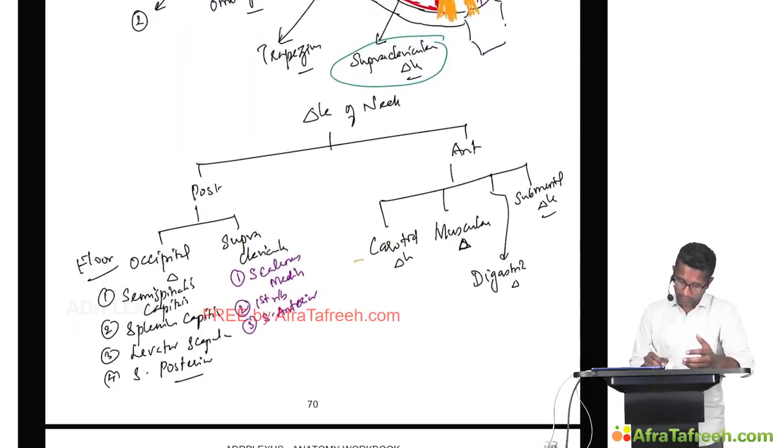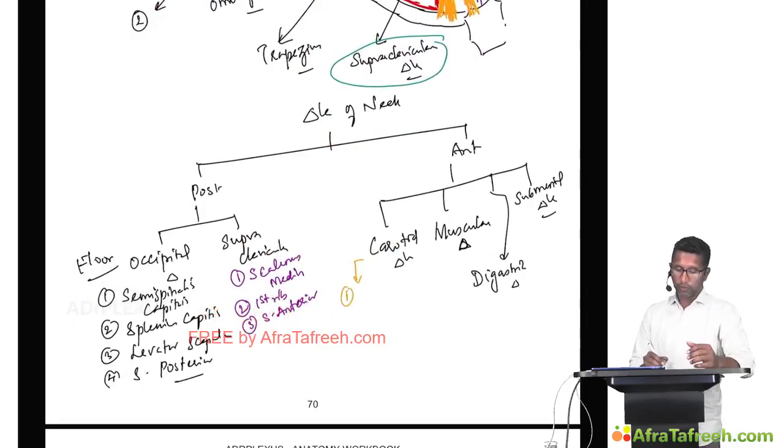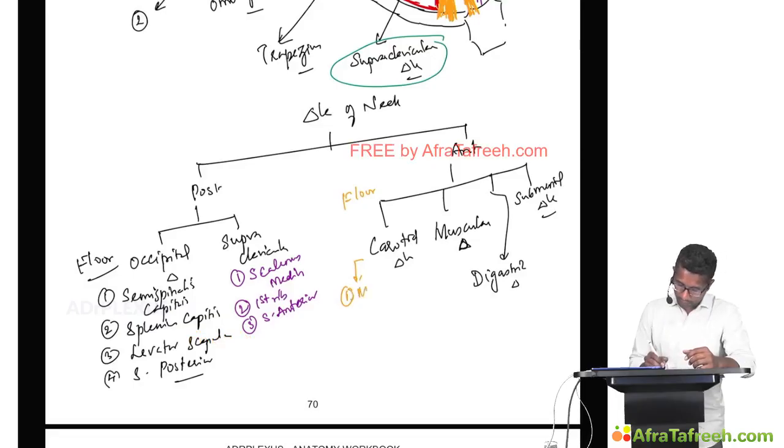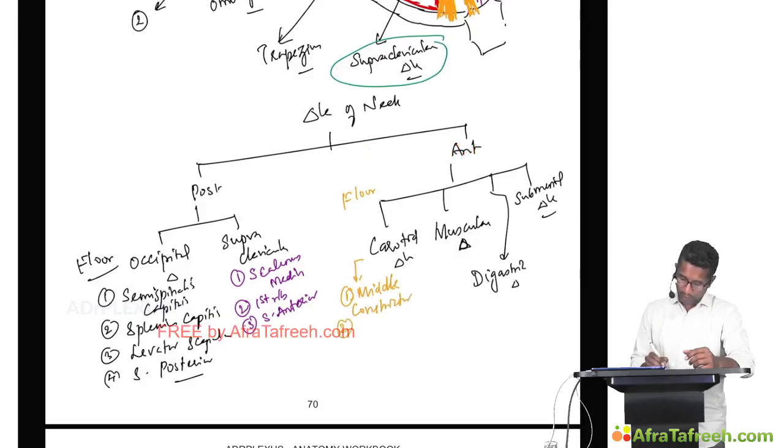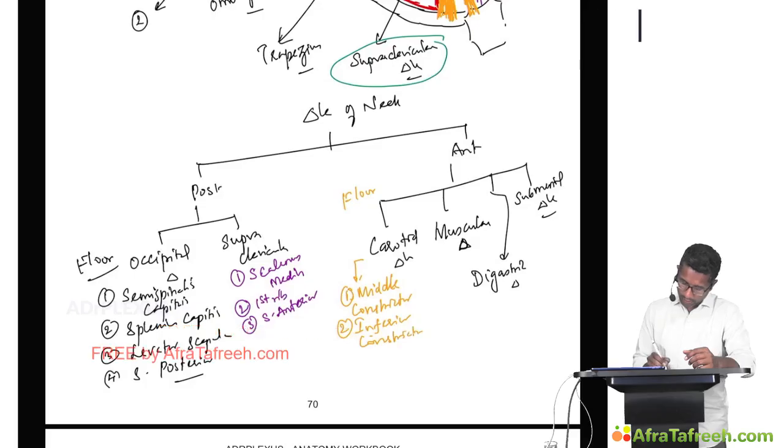So for the carotid triangle, the floor is formed by the middle constrictor, then by the inferior constrictor, then by the thyroid muscle, and the fourth muscle is the hyoglossus muscle.